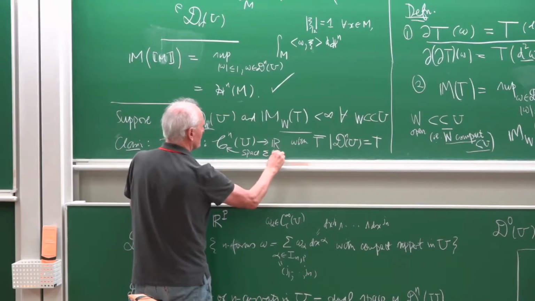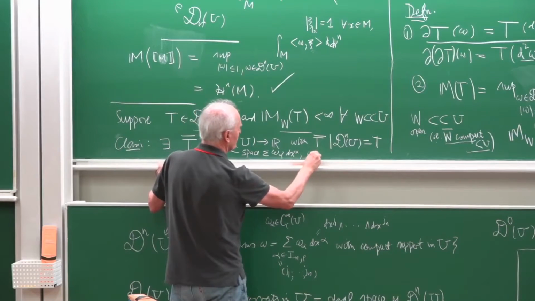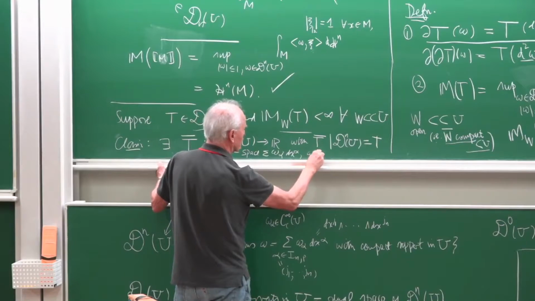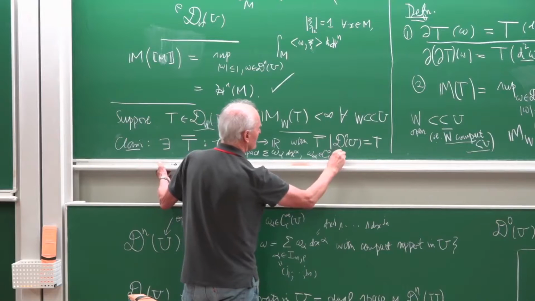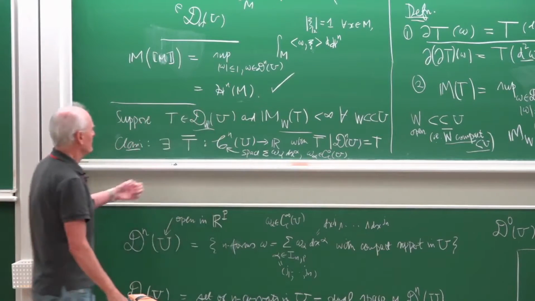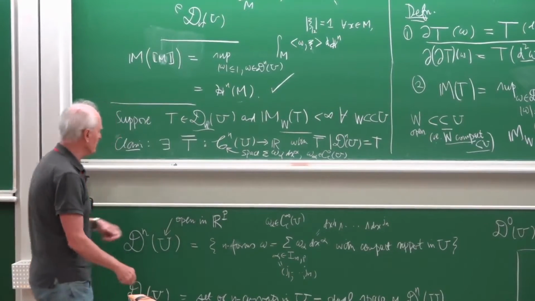So a continuous form is some sum of omega alpha dx alpha, where each omega alpha is C0 with compact support. I claim that you can extend T in this way. Let's check that.